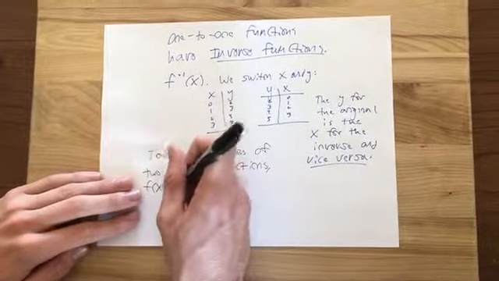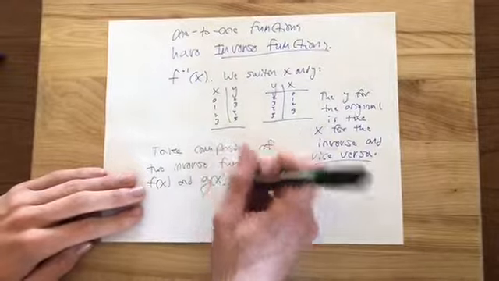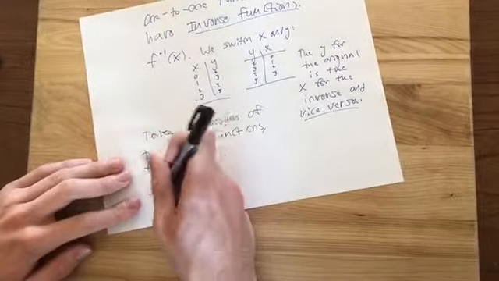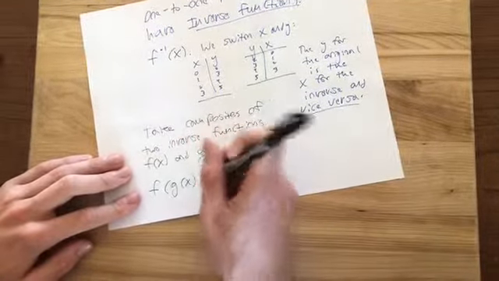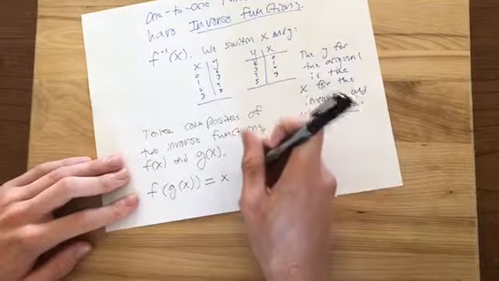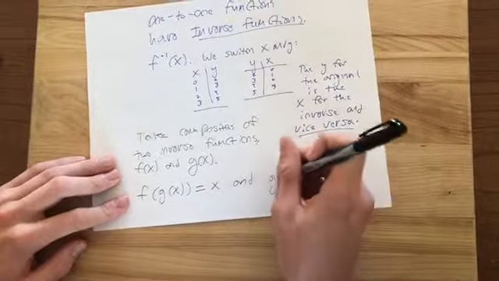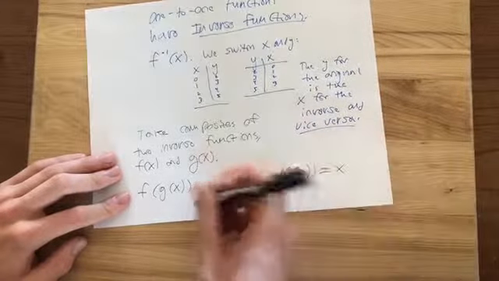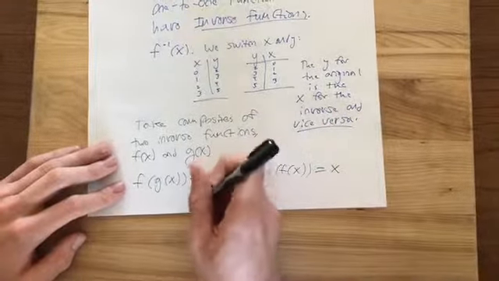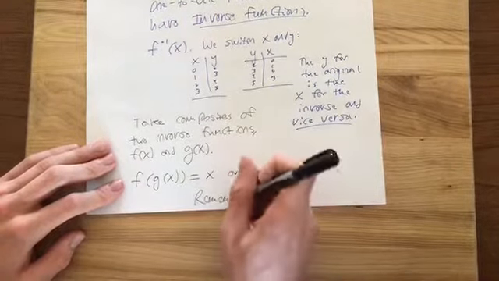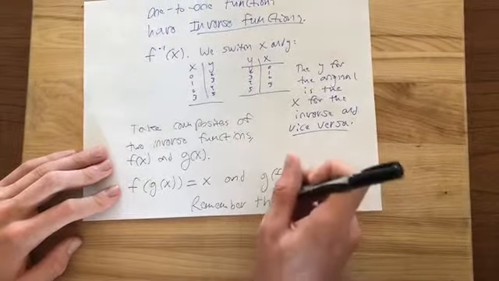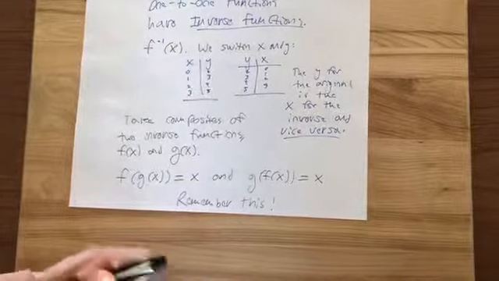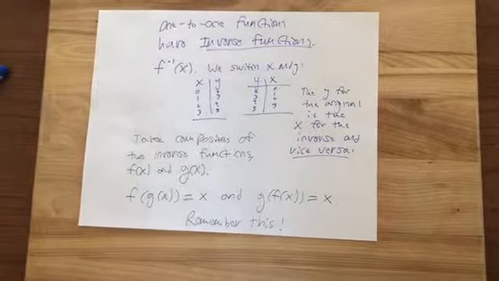Say we have f of x and g of x, which are inverses, and we take f of g of x. What is that going to be? Well, it's always going to be equal to x. And the same thing is true for g of f of x. That's always going to be equal to x, and that's going to be true for every pair of inverse functions. And remember, this relationship is going to be relatively important when we take derivatives in calculus of inverse functions.